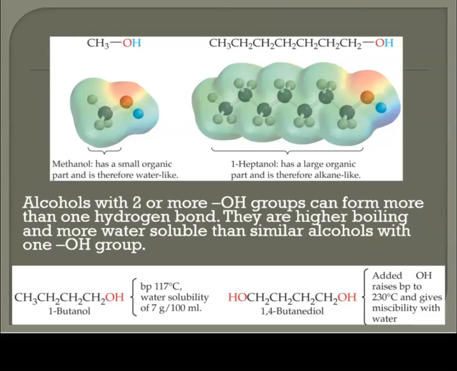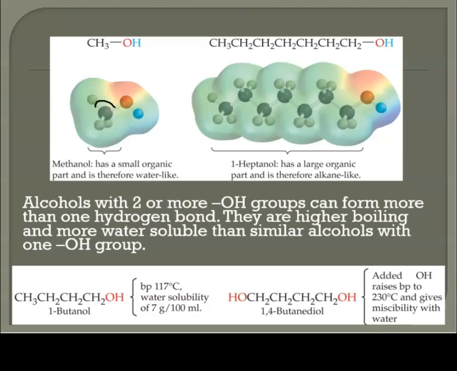So again, if we want to decide if something is going to be water soluble or not, we generally want to look at the compound and see how many hydrocarbons there are compared to how many polar groups there are that are going to be able to be involved in hydrogen bonding. So methanol is a very short compound.